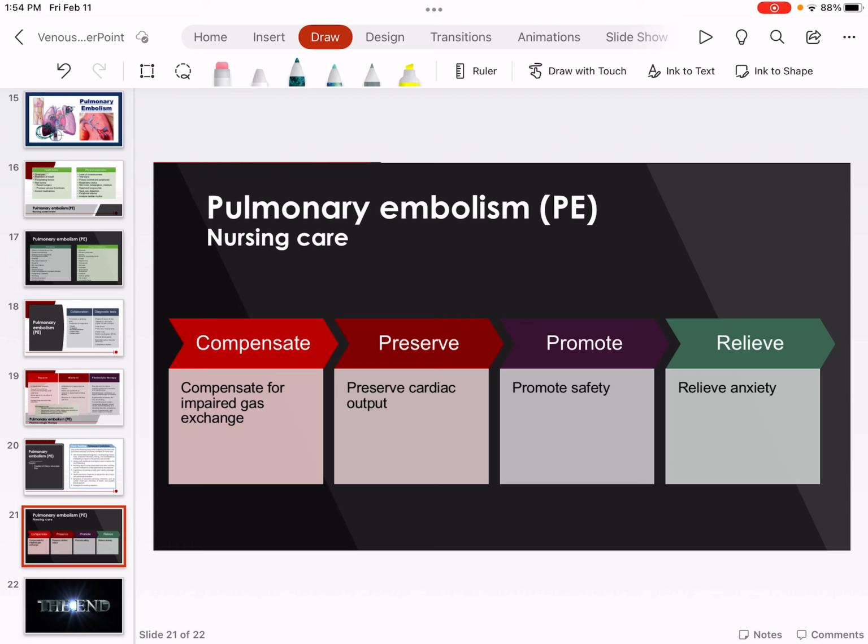And some of these other tests, like lung scans and pulmonary angiography, would really be more specialized tests that would be implemented if a CT doesn't show them what they need to know, or if the client is allergic to IV contrast, then they're probably going to have a lung scan instead.